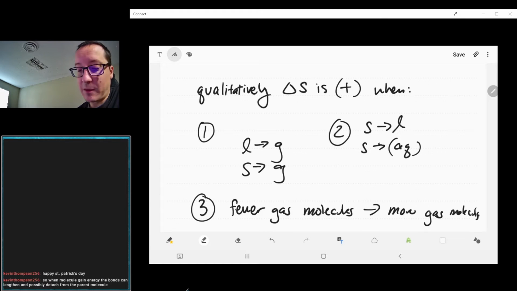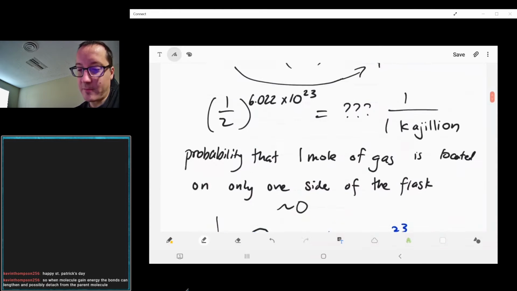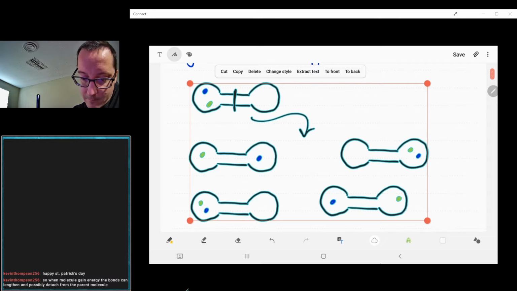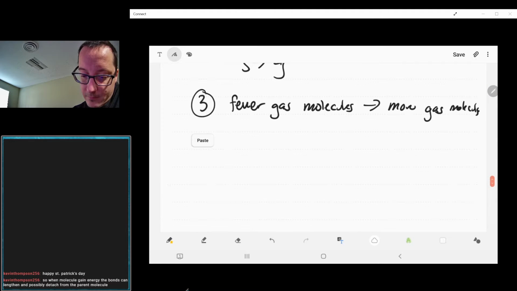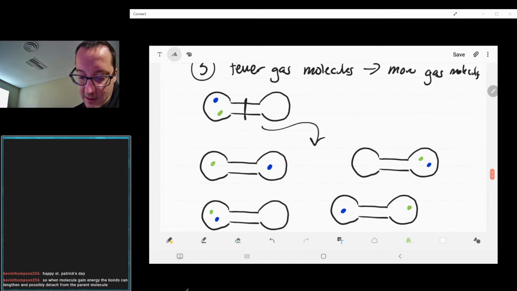So if we think about, we had that thing way back here. Let's copy this whole thing to see that last bit. Okay. If we look at this and we say, okay, instead of having two molecules, let's throw a third one in.